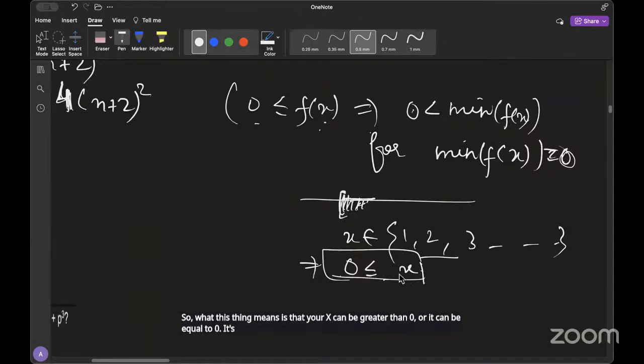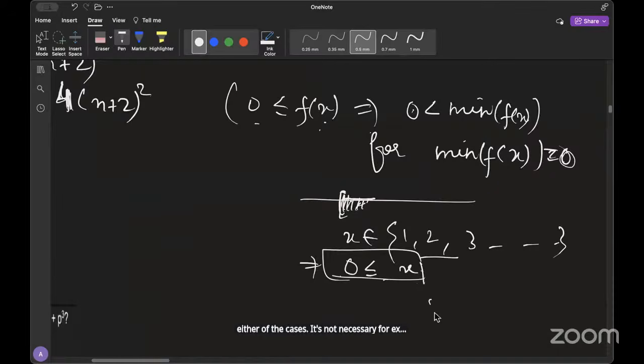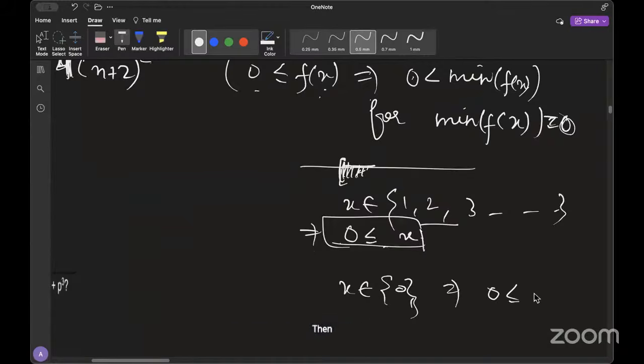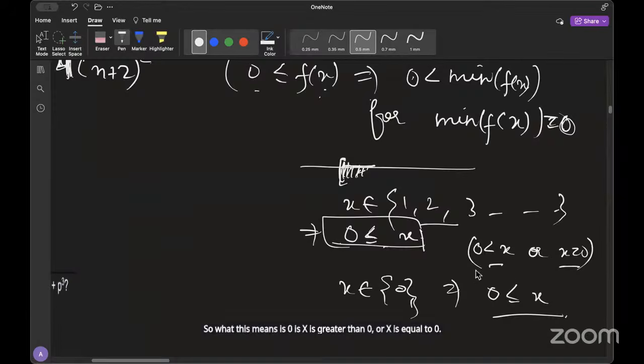It's not necessary for both cases to happen. Even if x belongs to a set like {0}, I can still say x is greater than or equal to 0. So x is greater than 0 or x is equal to 0. One of these can happen, both of them need not happen, right?